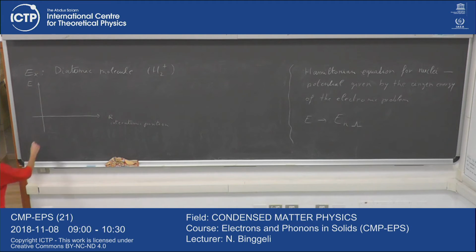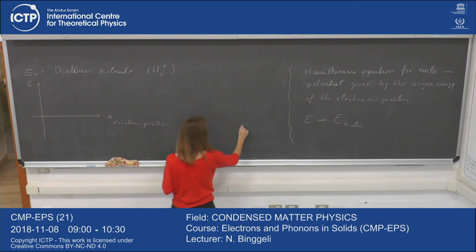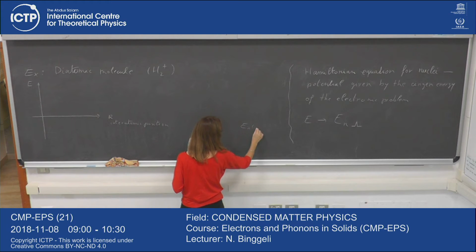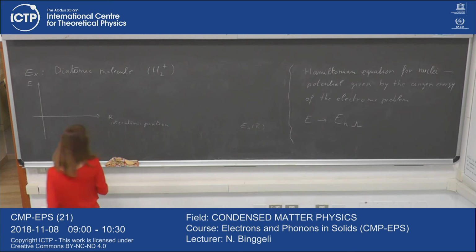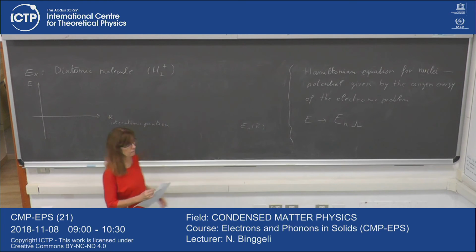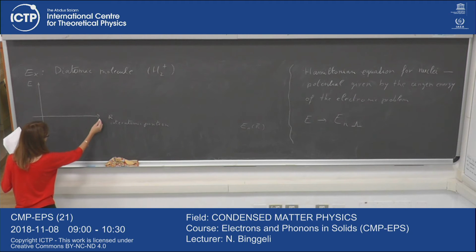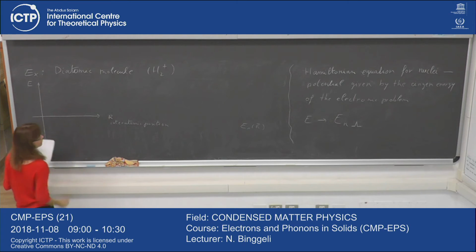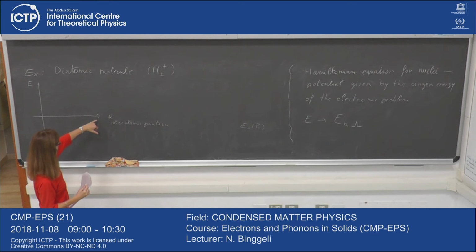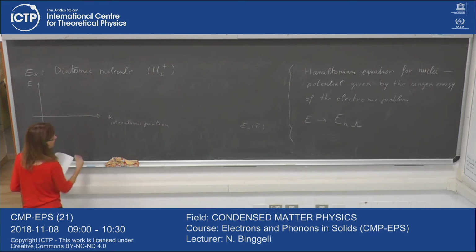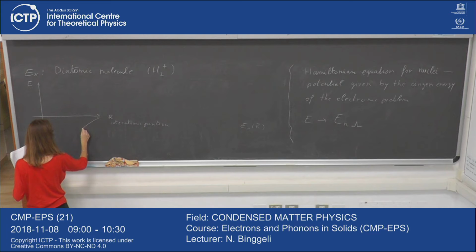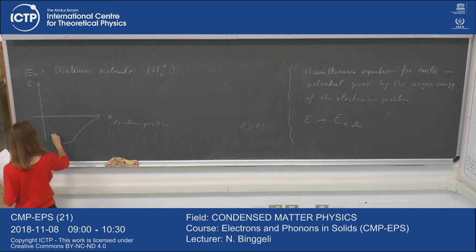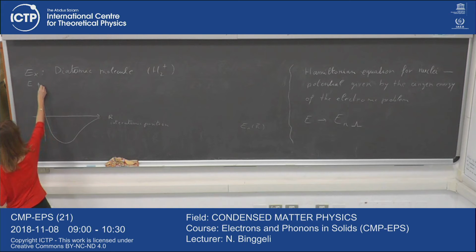Now, if I plot first the eigenenergies En of R for the electronic part, I will have a ground state, E0, and if for each position R of the nucleus I put the points for the energy of the electronic problem, I will get a curve that is going to look like this, becoming repulsive when the protons become very close to each other.